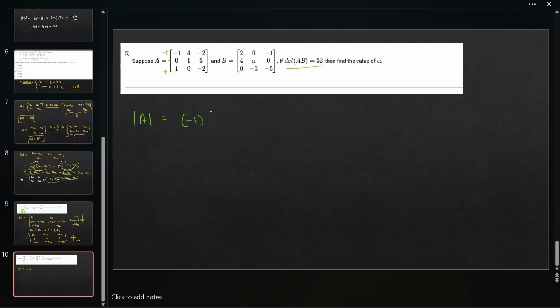So -1 times, eliminate this row, eliminate this column, it's going to be 1, 3, 0, -2. Now, minus of 0 times 2, you need not write it, but write it 4, -2, 0, -2, and then you get this 1 times determinant of 4, -2, 1 and 3. Let's see what we have here.